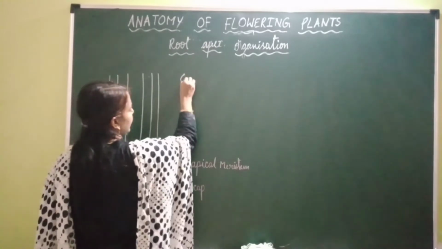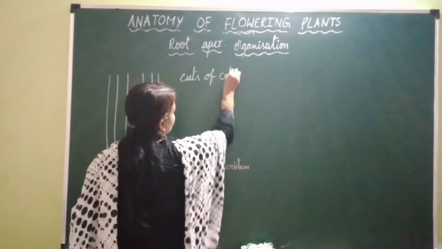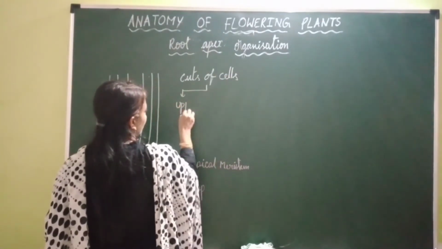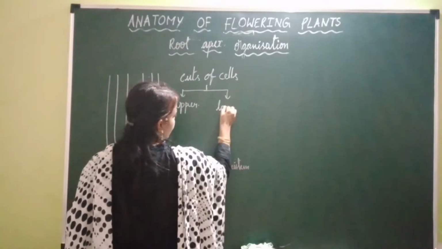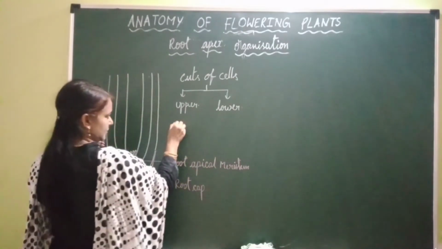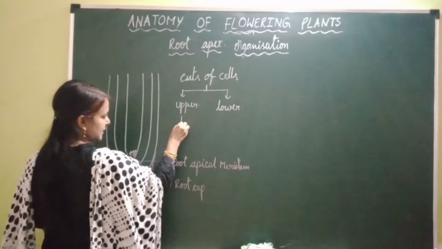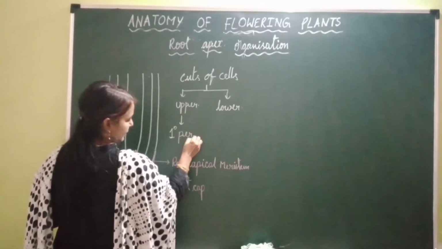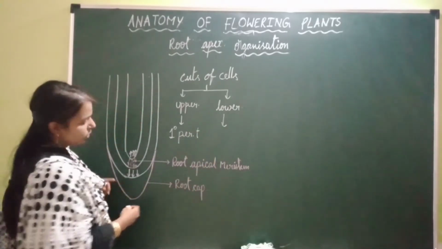So here the root apical meristem cuts off cells towards the upper side and lower side. The upper side cells get differentiated into primary permanent tissues, whereas the lower side cells get differentiated into root cap.